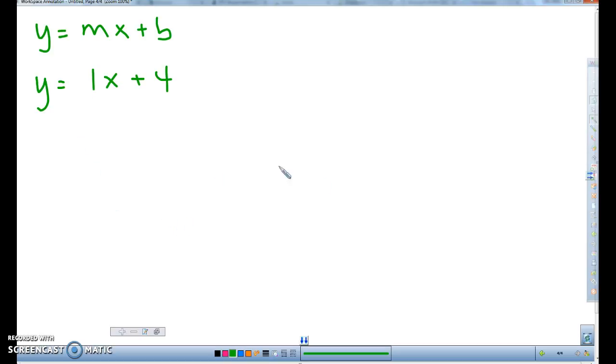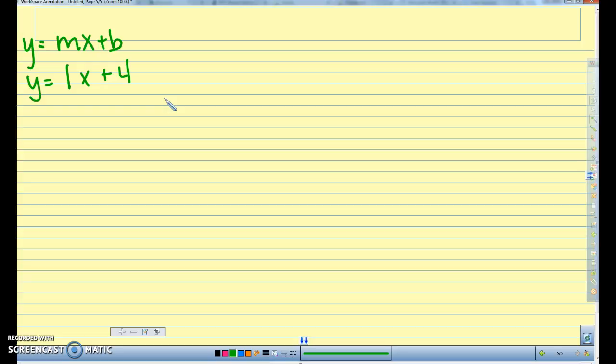Okay, so let's see if I can get graph paper on this. So I'm going to draw my coordinate plane with all 4 quadrants.